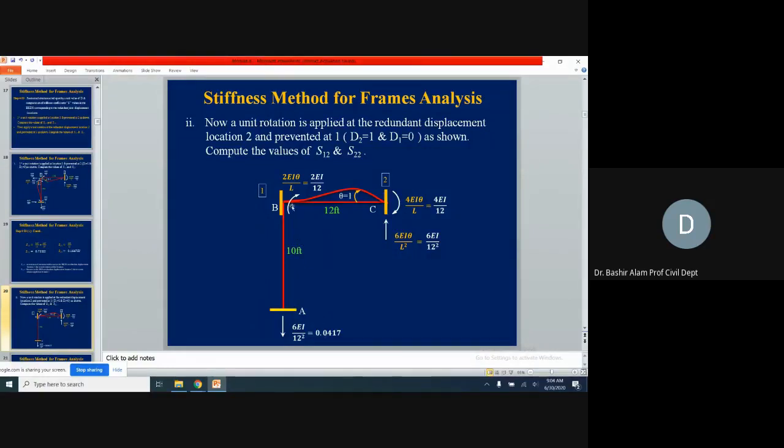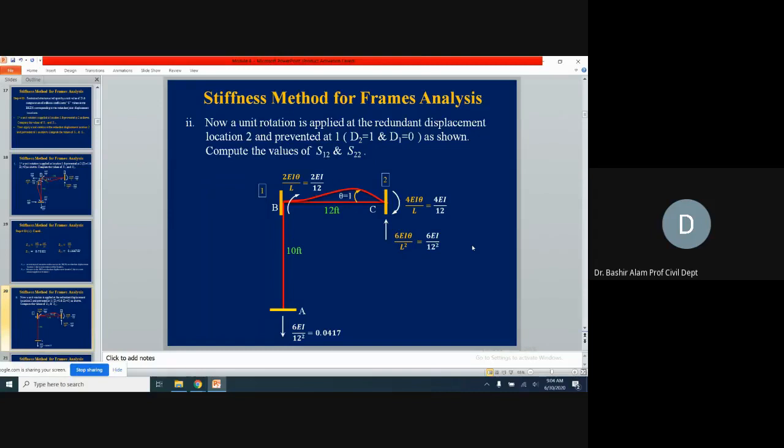It is coming from this vertical reaction from member BC. It was downward. At B, it will become upward, and then it is going to be balanced by this downward 6EI over 12 square. Here, what will be the horizontal force? We don't have any horizontal force from member AB, so that 0 is going to travel here. So it means the horizontal force here is equal to 0.